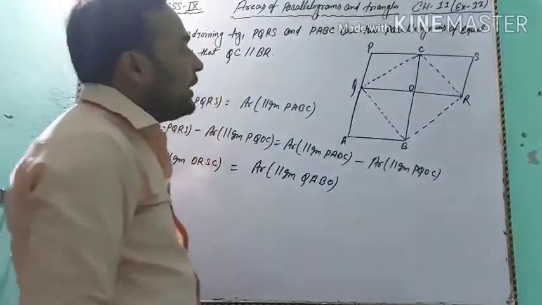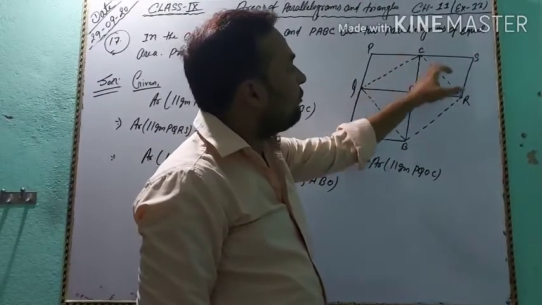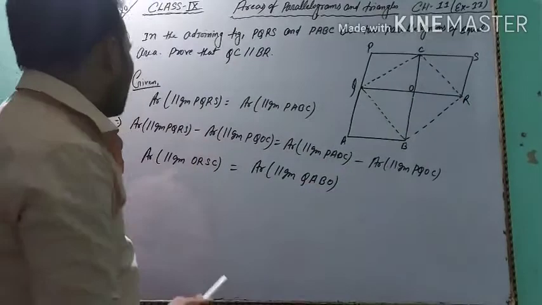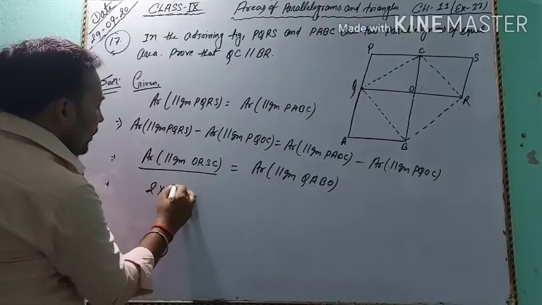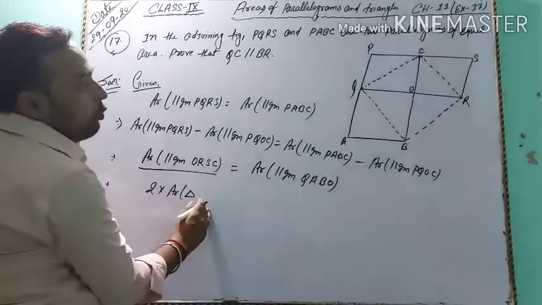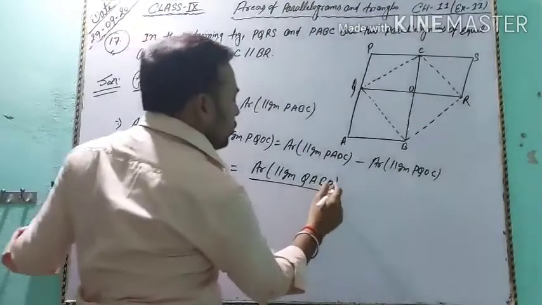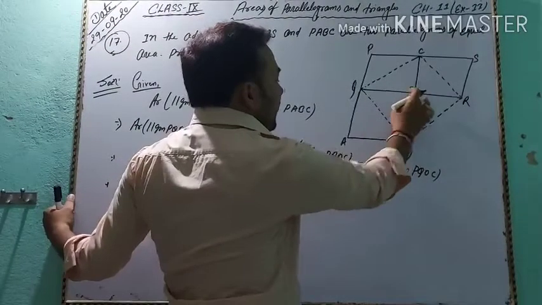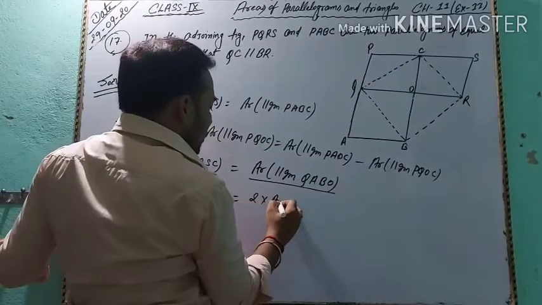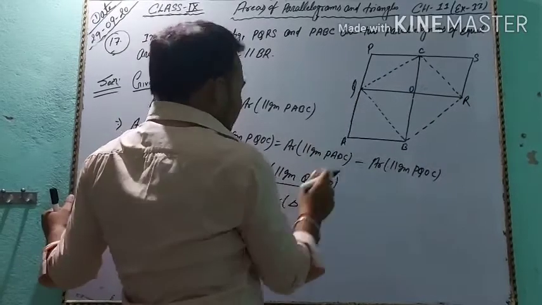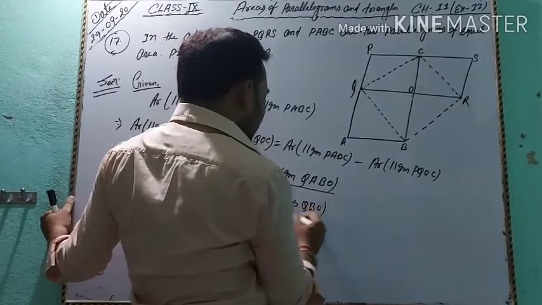So we write that area of triangle ORC is equal to area of triangle CRS, then area of parallelogram ORFC we can write as 2 into area of triangle ORC, is equal to area of parallelogram QABO, which we can write as 2 into area of triangle QBO, okay.